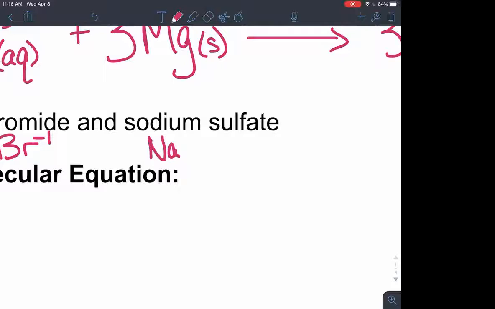That one's right here in that first column. So it's going to be a 1. And then sulfate's actually on the back of the periodic table. It's going to be that SO4. And then if you see, it has that -2 charge.